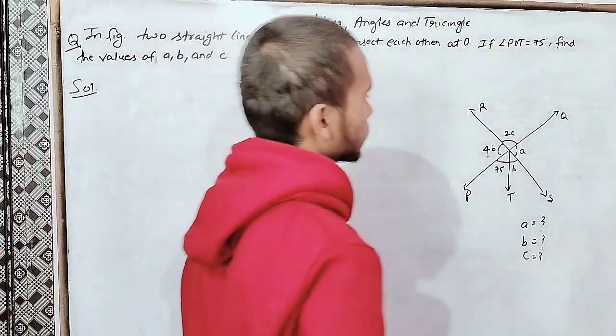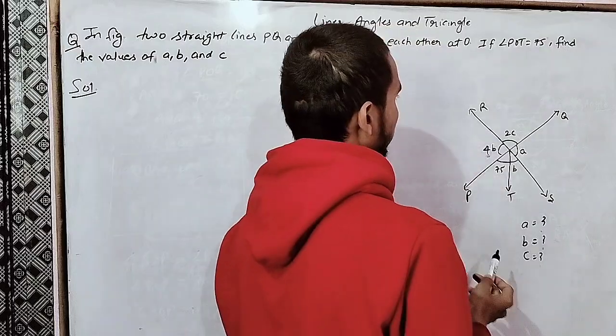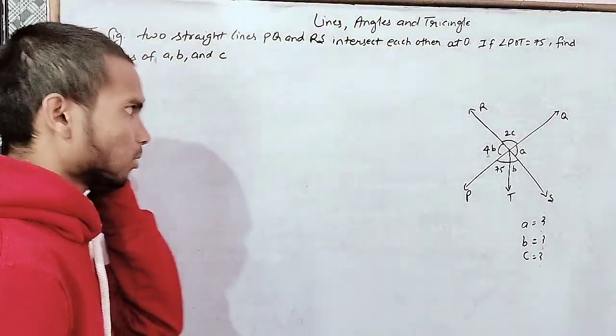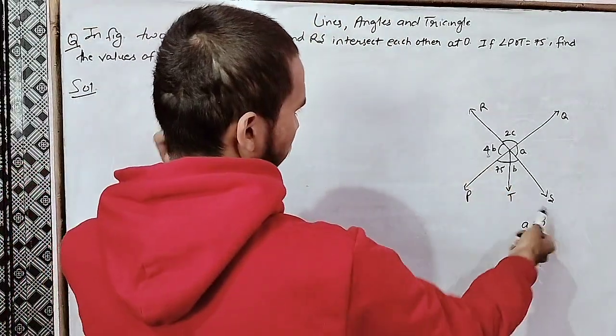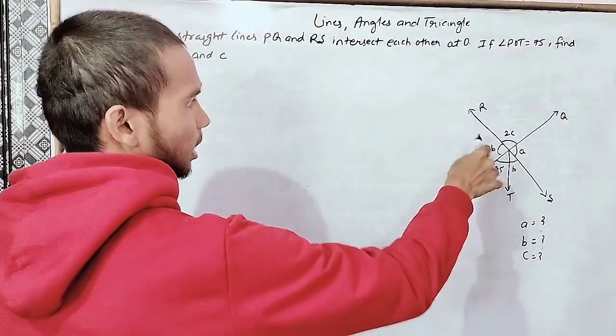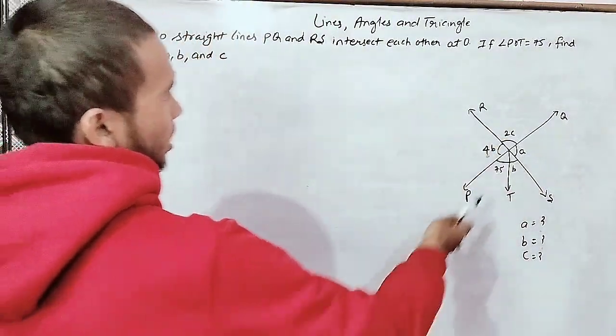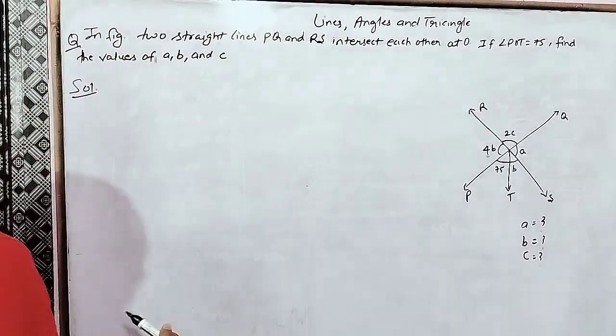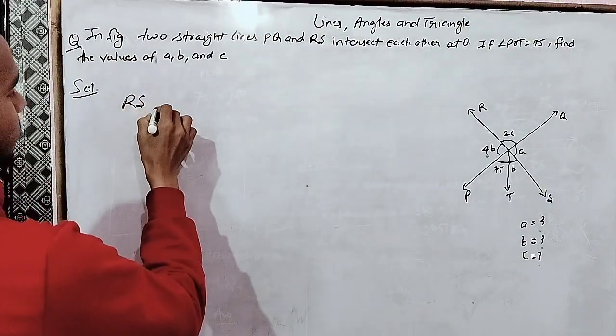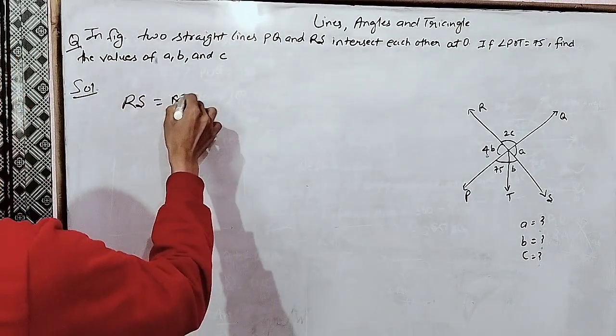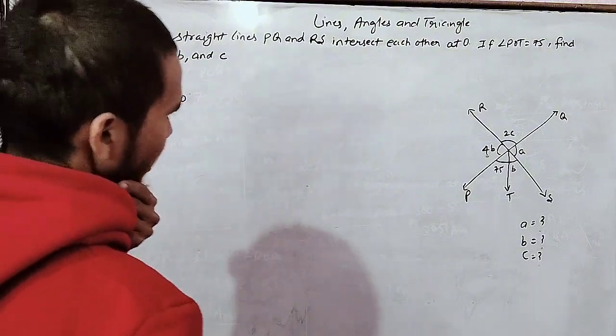Now, can we take a line, RS, which is a straight line.